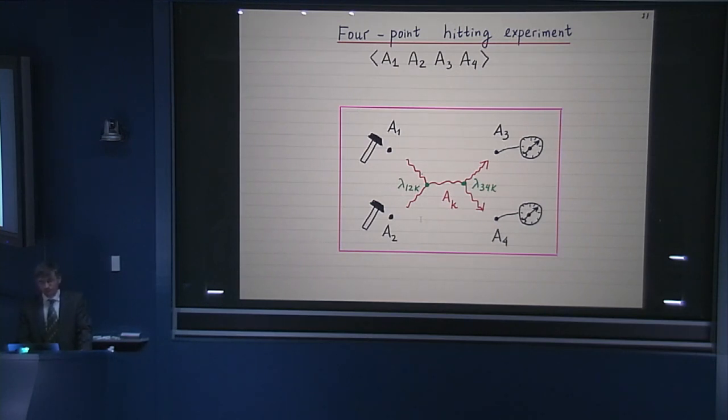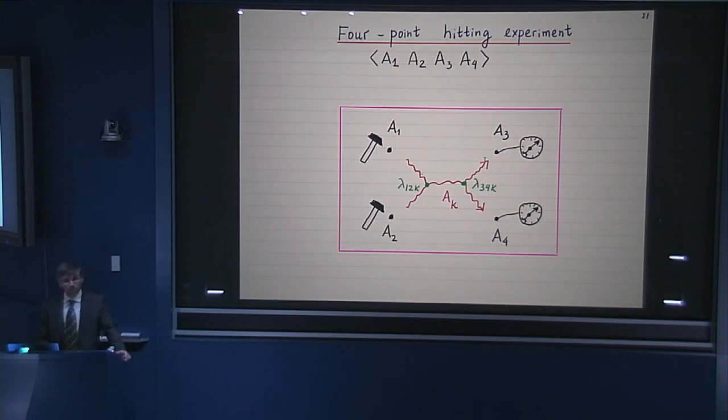The result of this experiment can be described as follows. You can expand the result of generating these fluctuations a1 and a2 into a basis of fluctuations of type ak, which is this red line here. This expansion is going to involve these coefficients lambda 1 2 k. These fluctuations ak propagate. We assume that we have a full list of fluctuations of our system, and then they get transformed again and read off at points x3 and x4 with this other coefficient lambda 3 4 k.